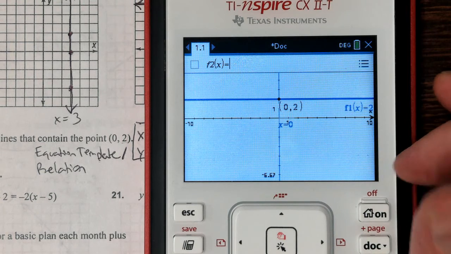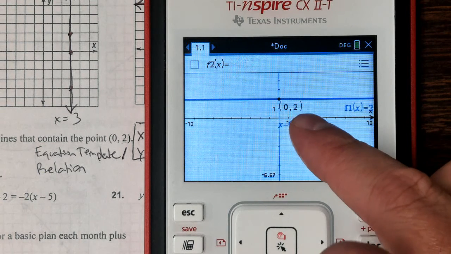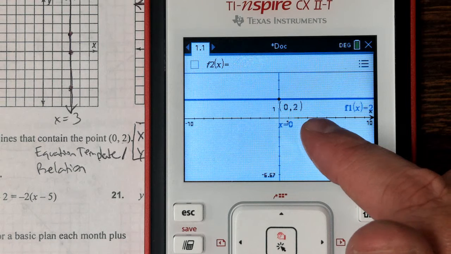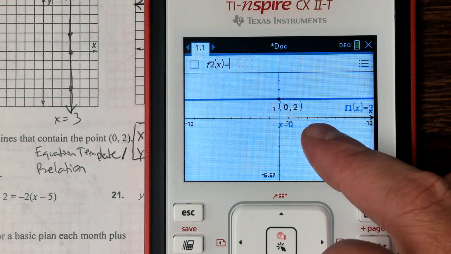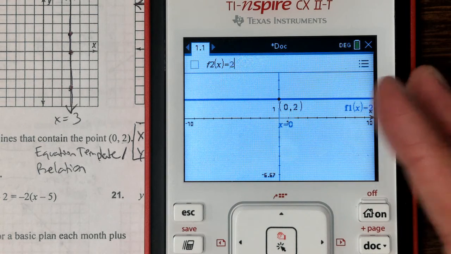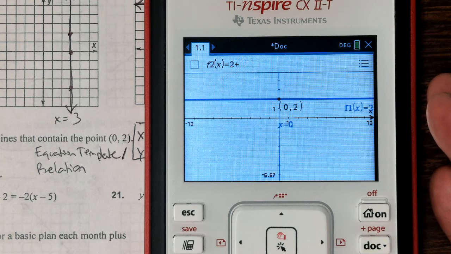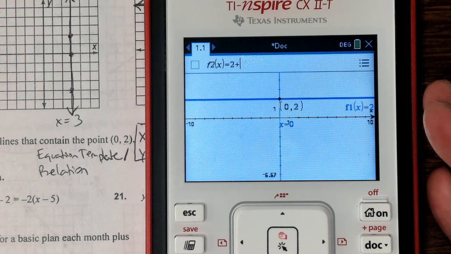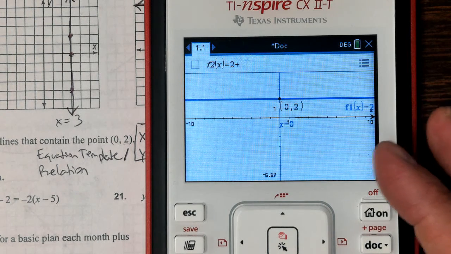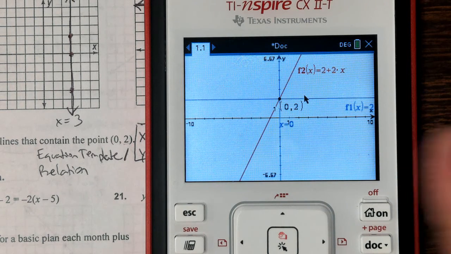So for the function, we want to go through the point 0, 2, which means our y-intercept has to be 2. So I can put 2 plus anything with x. I can say 2x, and it goes through it.